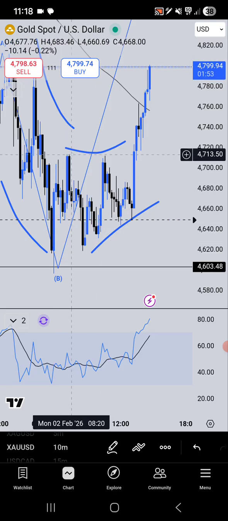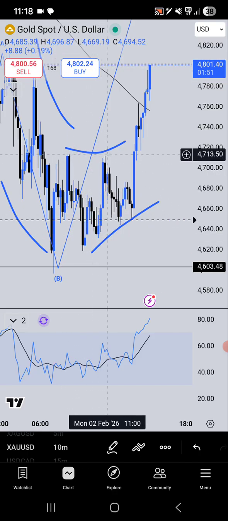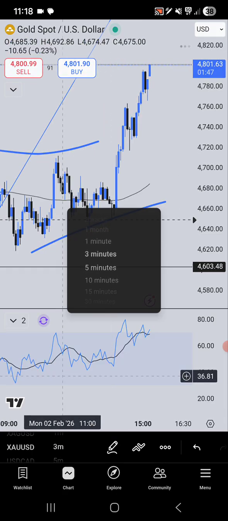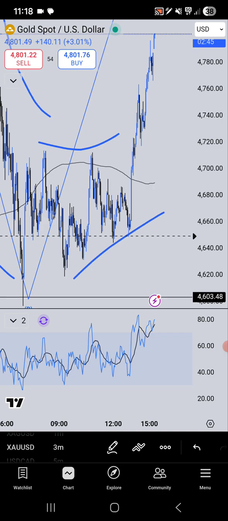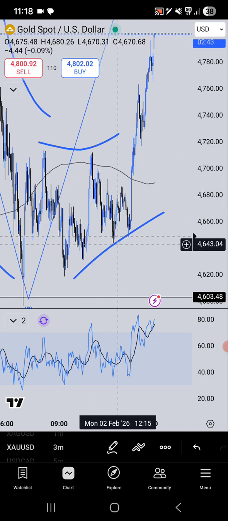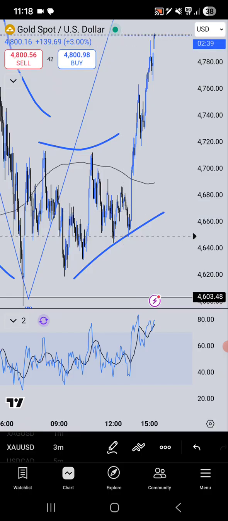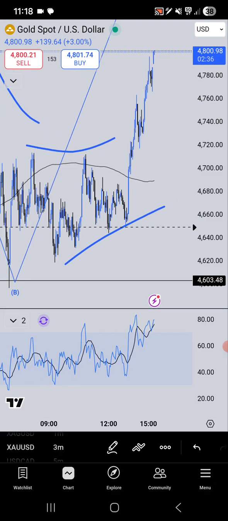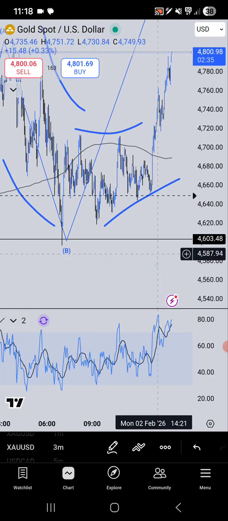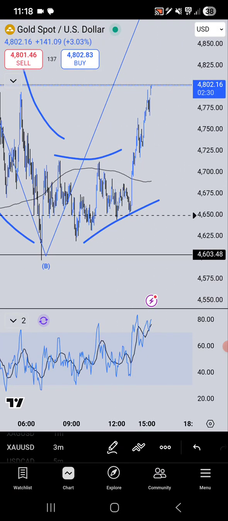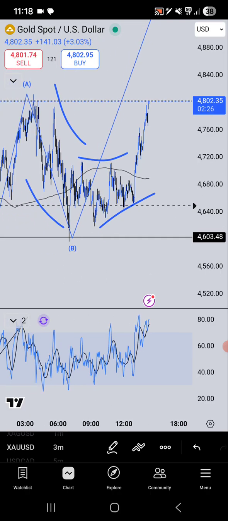Here's your pullback, 1, 2, 3, 1, 2, 3, and then what we actually had here was an expanding diagonal to finish, 1, 2, 3, 4, 5. So 3, 3, 5, flats are made up of 3, 3, 5. Again, if you don't know Elliott Wave, you probably don't know what I'm talking about, but don't worry about it. And then on open we've just gone up. That's what I was hoping for, and it looks like what we've got.